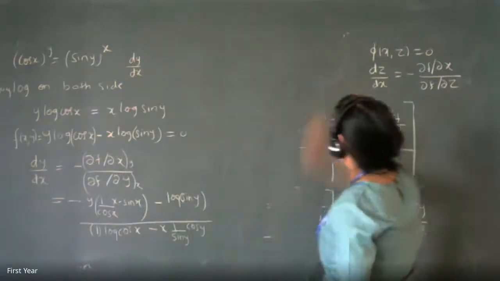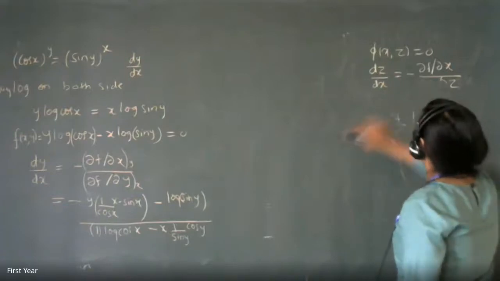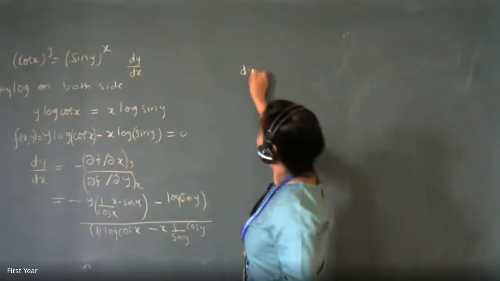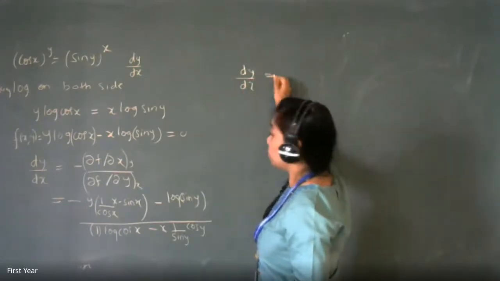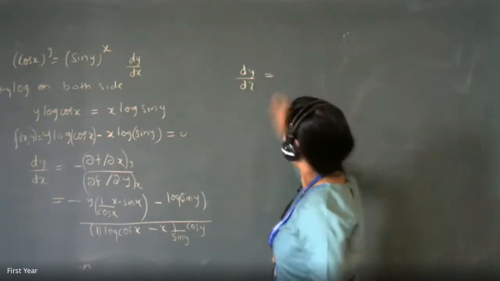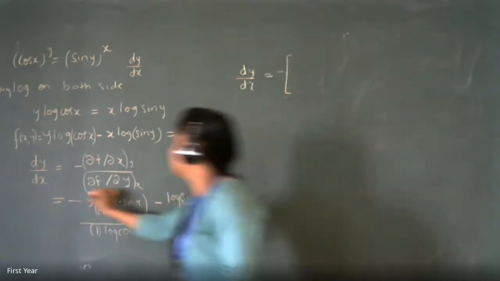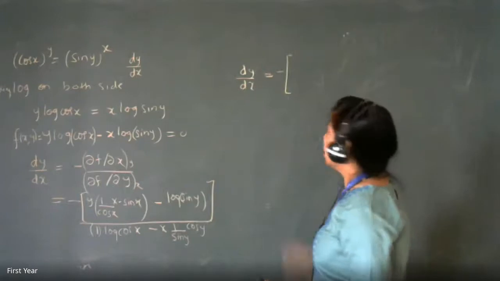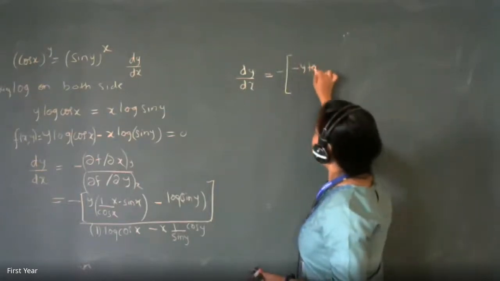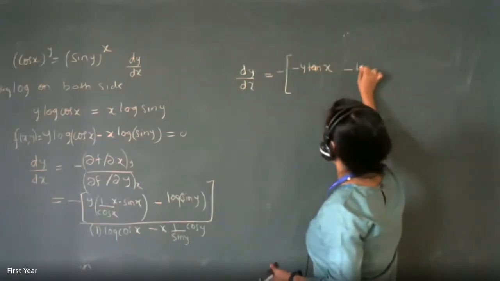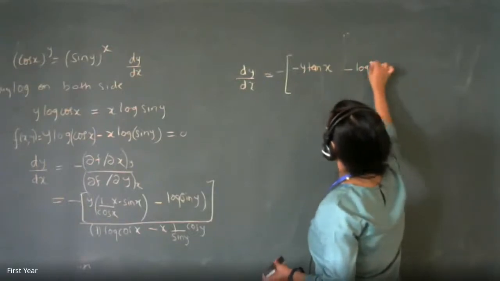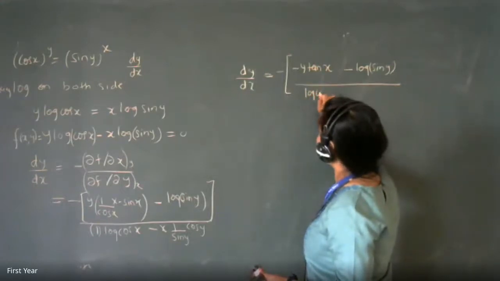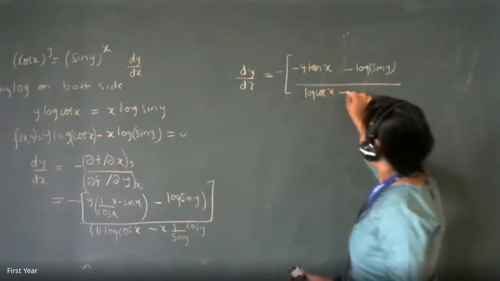So dy by dx therefore turns out to be minus, and the minus is outside. Let that be as it is. This minus is for the entire bracket, so you have to mention that. So minus is outside: minus y tan x minus log of sin y divided by log of cos x minus x cot y.